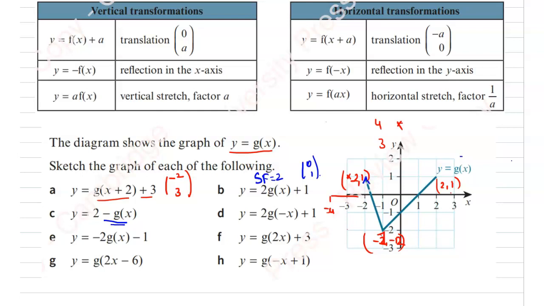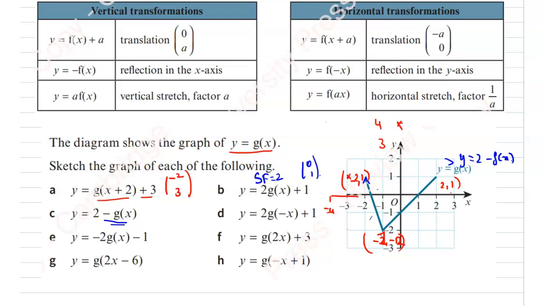Then next one, 2 minus of minus 2, so it is 0. So the new point is (minus 1, 0). Then next one, 2 minus 1, so it is 1. So therefore the new point is (2, 1). So the new graph is this one. This line represents y equal to 2 minus g of x.